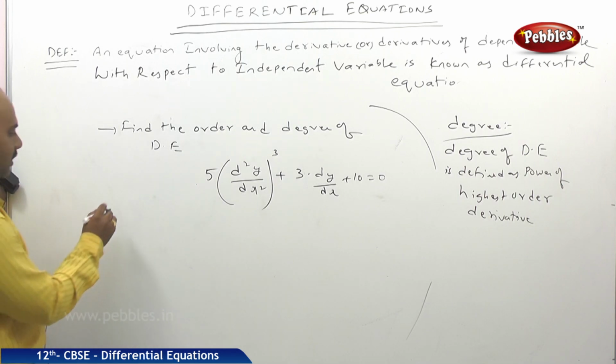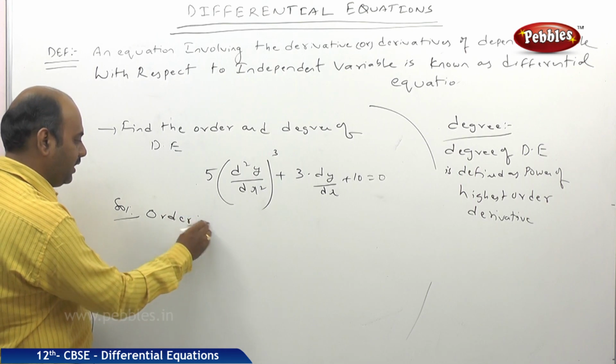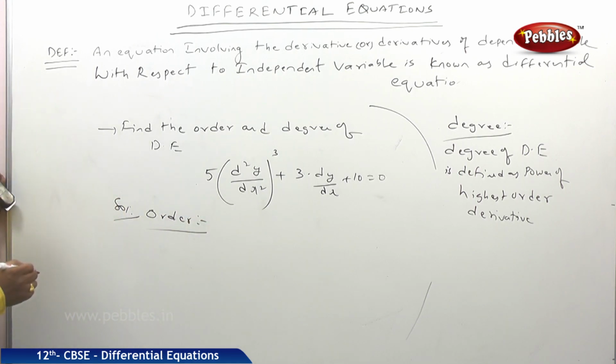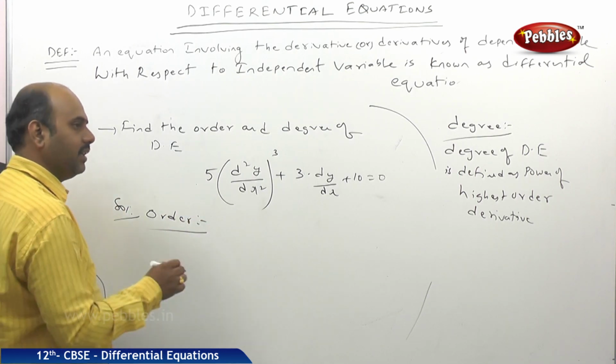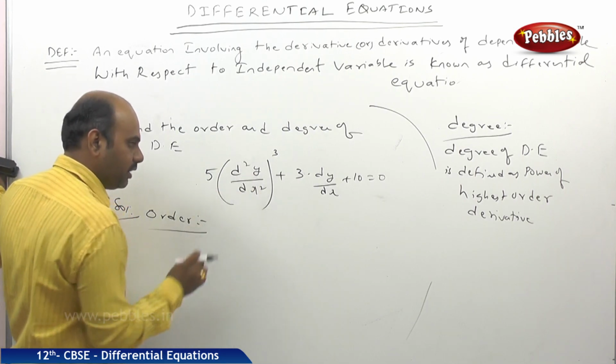First we shall define order. How will we write order? Order means the highest derivative involved in the differential equation. What is the highest derivative involved? It is d square y by dx square.